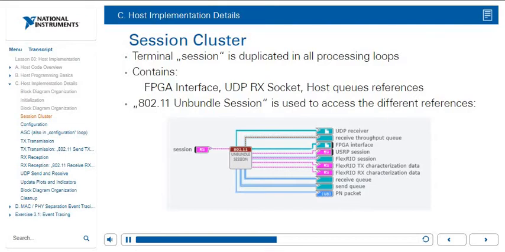In 802.11 unbundle session, we can access all the different references easily in the code. Clusters, which are covered in some of the core LabVIEW training, allow you to easily pass around groups of related data. So in this case, we include all our main references for data communication, whether it is to and from the FPGA, between our different loops, or from the host code to our UDP source.